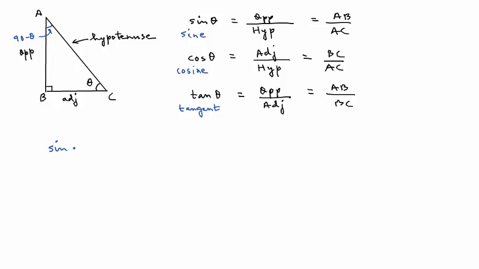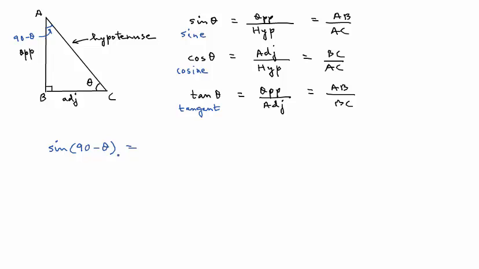Sine A or sine 90 minus theta is equal to the opposite of A. Now the opposite of A is no longer this one, it's actually this one. So the opposite of A is actually the adjacent of C, and the opposite of C becomes the adjacent of A. You see the point?